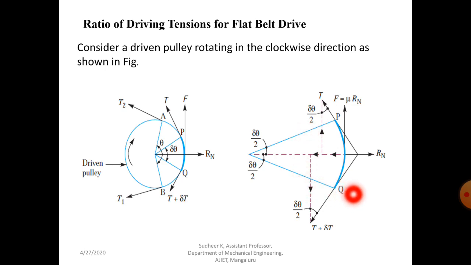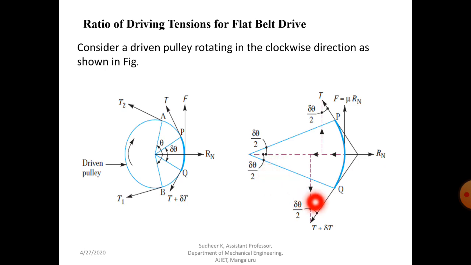Similarly, one more horizontal force, that is here, that is at the Q. You know already Q is subjected to T plus dT or del T. So again here also you have to resolve. So there will be two components. One is in the downward direction, that is vertical force, and another one is again the left side force, that will be the horizontal force.